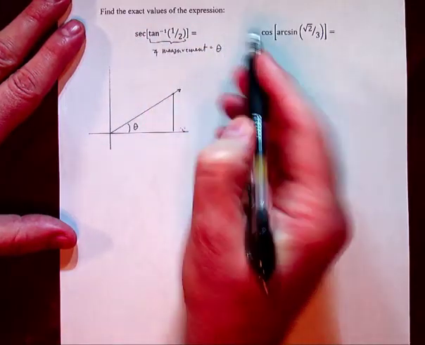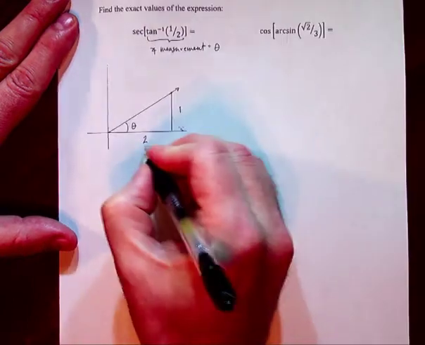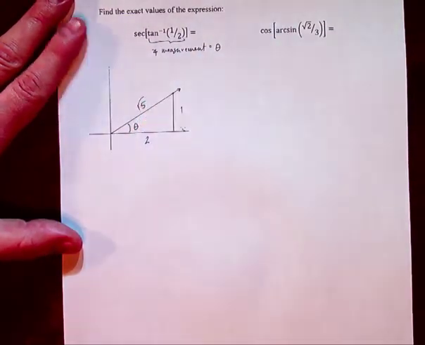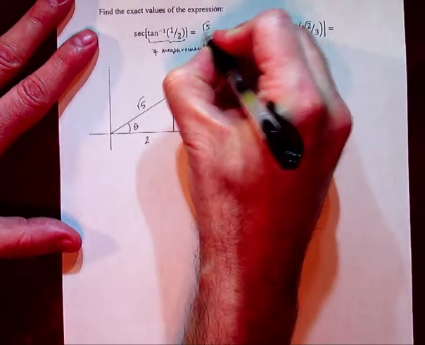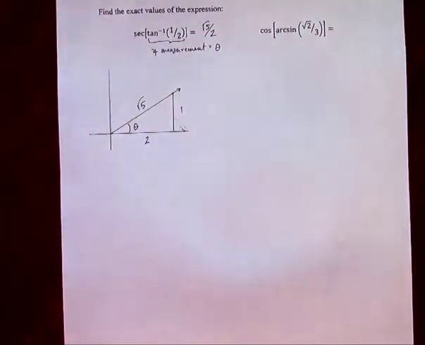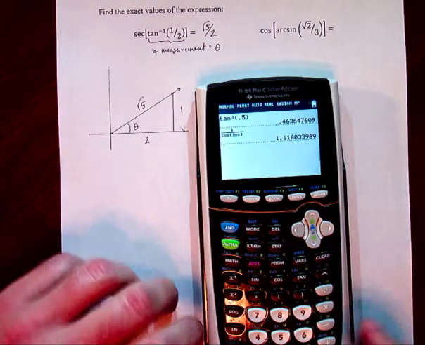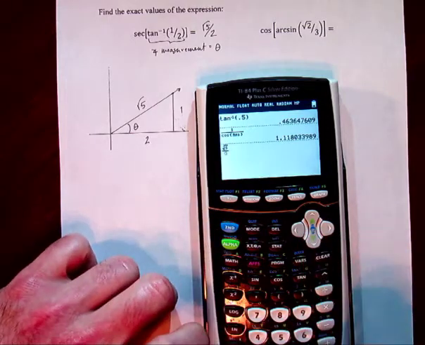But I know that ultimately what I'm looking for is not the angle measurement, but the secant of the angle measurement. And if this is 1 and this is 2, right, opposite over adjacent, then this is going to be root 5. And my secant is going to be my hypotenuse over my adjacent. And let's just see whether that gives us the same thing. We have root 5 over 2.